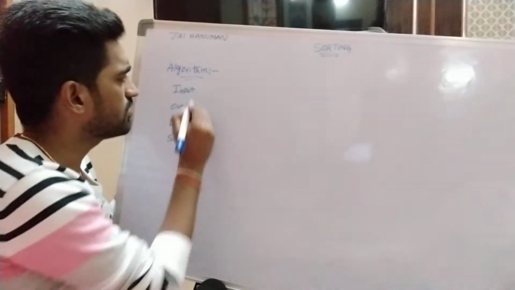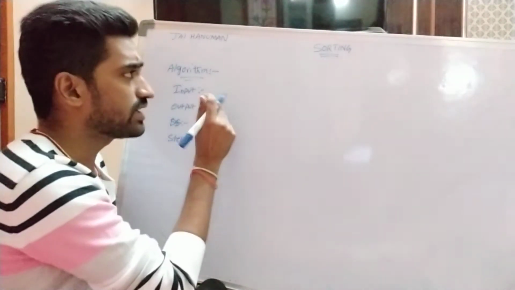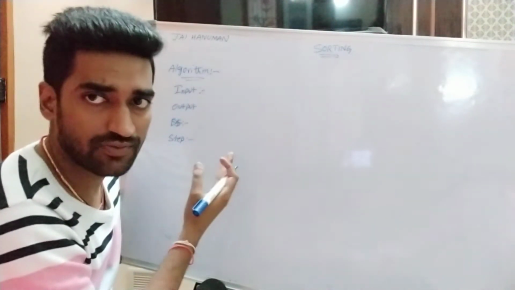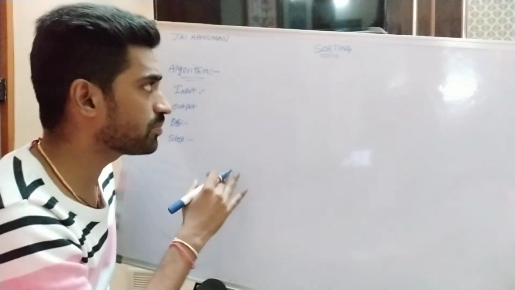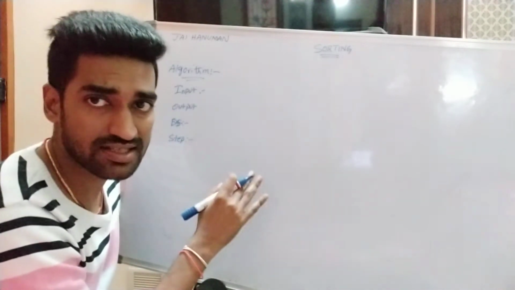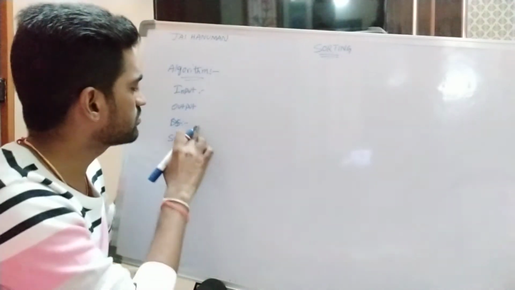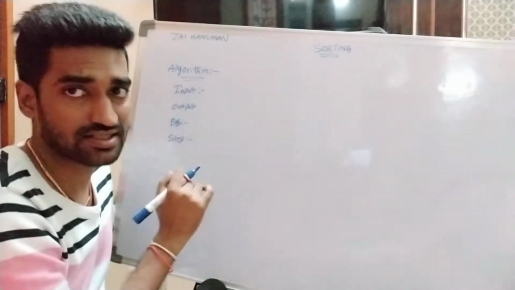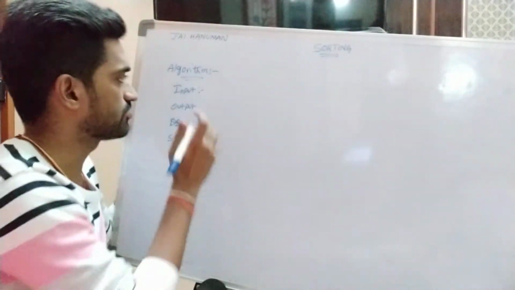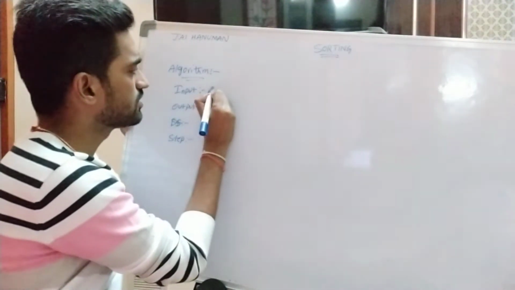So here, what is our input? For each and every sorting mechanism, we consider an unordered array of elements. Then we apply some procedure to get the ordered array of elements, which is considered the output. For that purpose, we consider the array data structure. The array data structure comes under the linear data structures.